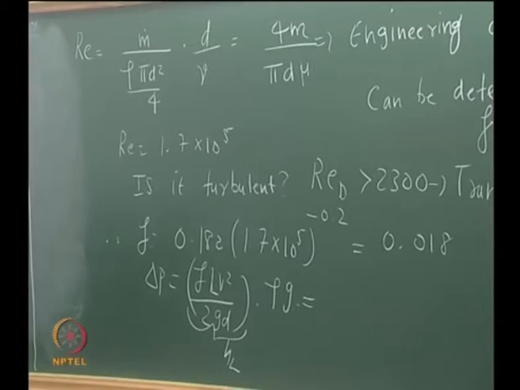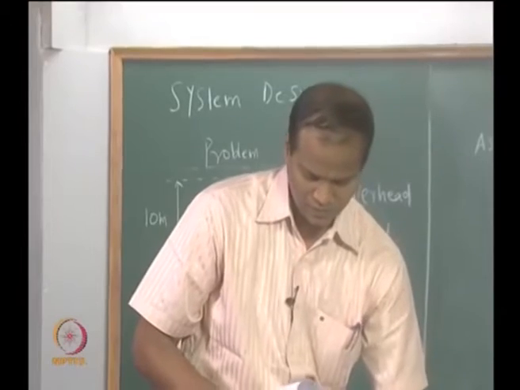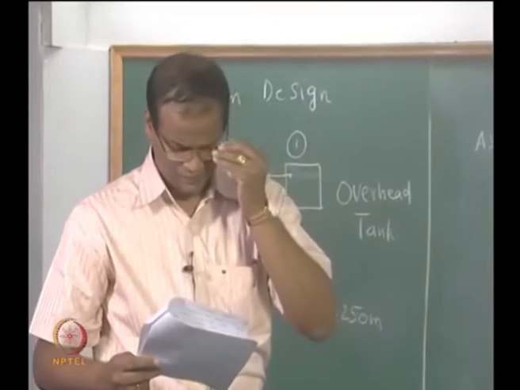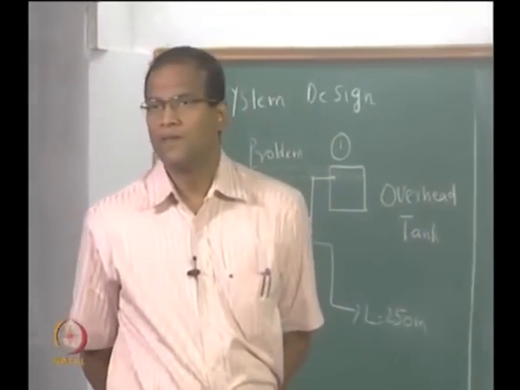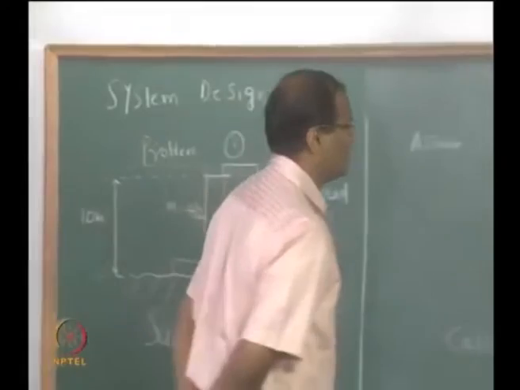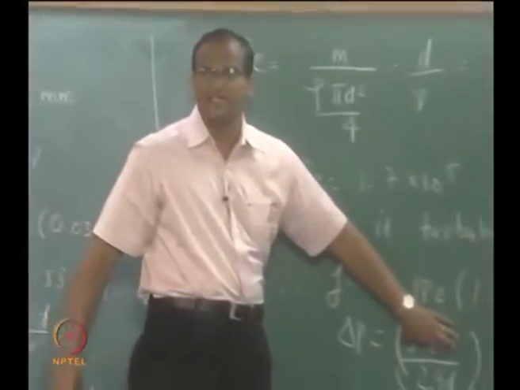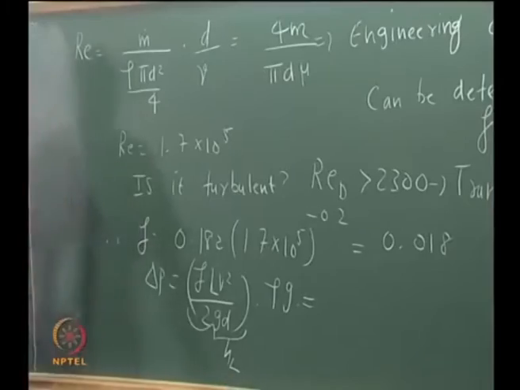I got 0.18, does not matter. Or you can keep it as head loss itself and add the other heads, does not matter. How much is it?